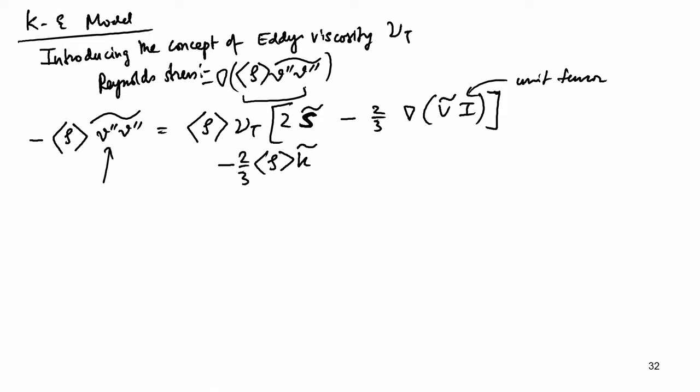This term you can write as Vi Vj double prime. Here it is written in a simplified form, but actually it includes both the cross terms also. Essentially, the left hand side is a tensor, whereas k is a scalar, because k, the Favre average turbulent kinetic energy, is defined this way.